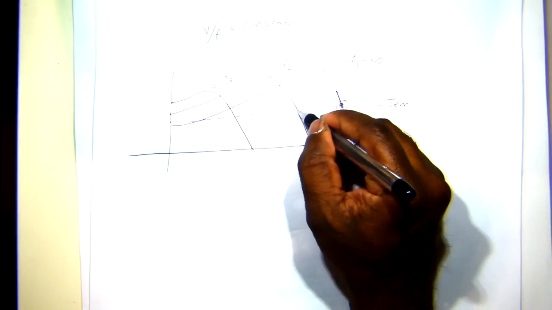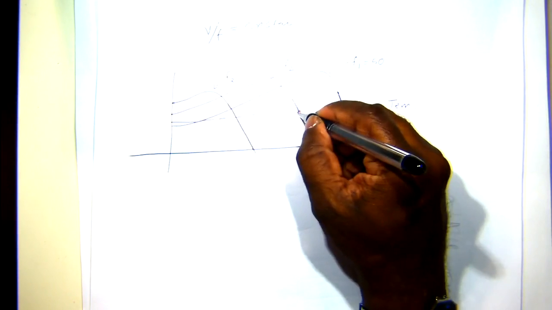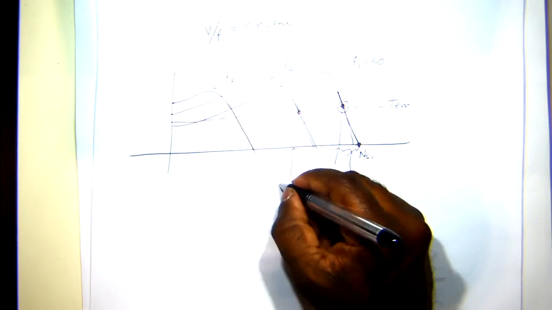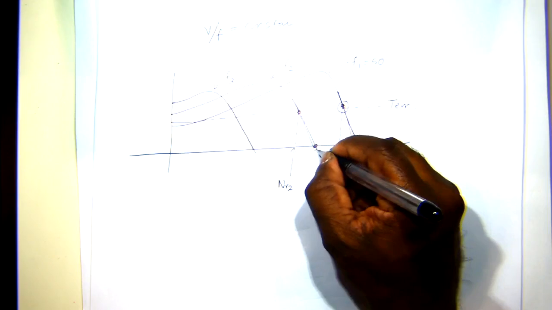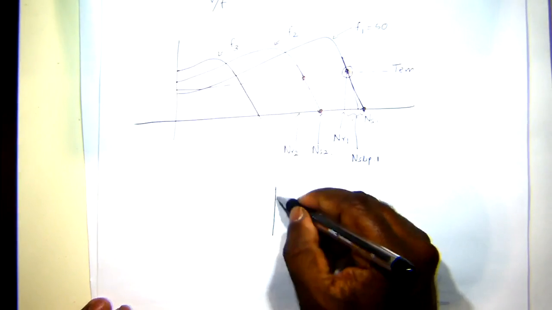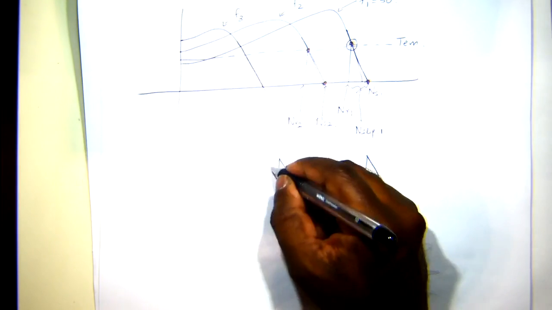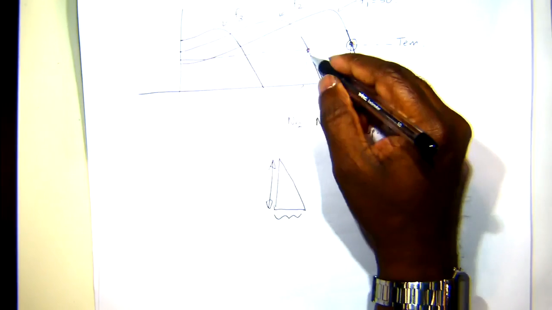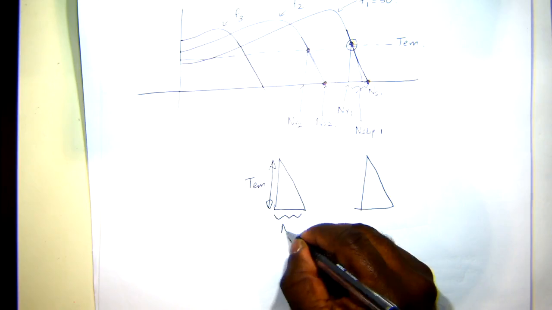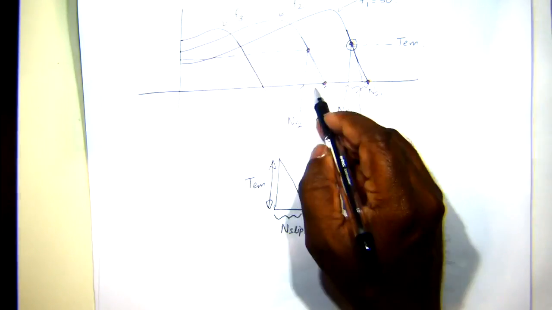If you look at this other operating point, it's producing the same torque, but at a reduced speed. This is NR2, and the new synchronous speed is NS2. If you look at these 2 triangles, they are identical triangles. So the slip is the same, and the height of the triangle is the torque. This is the TEM, and this is N slip 1, and it's the same as N slip 2 in the second case.